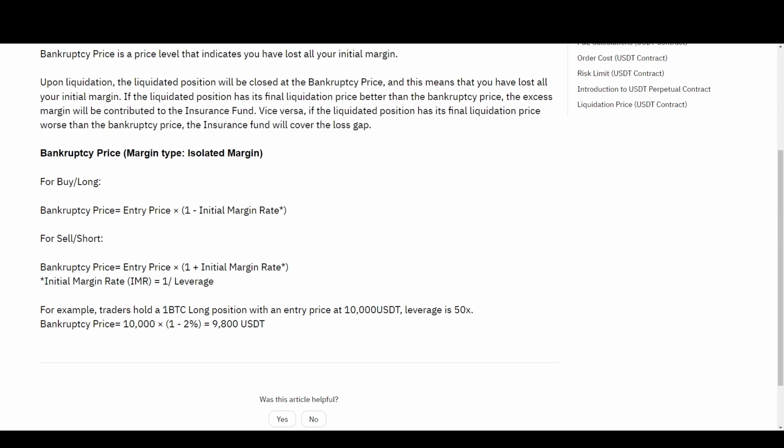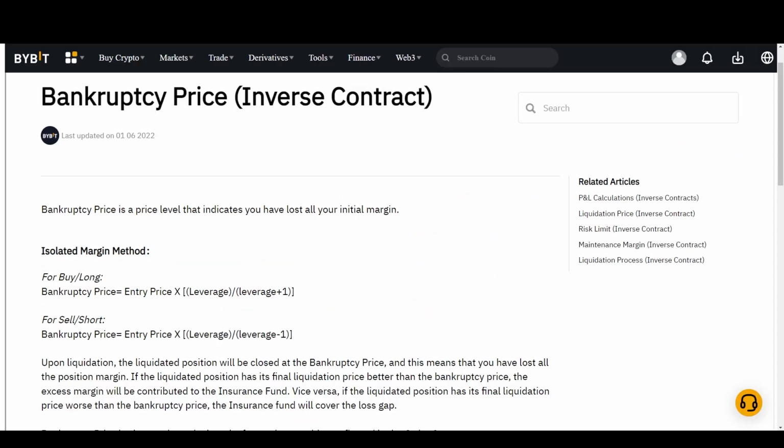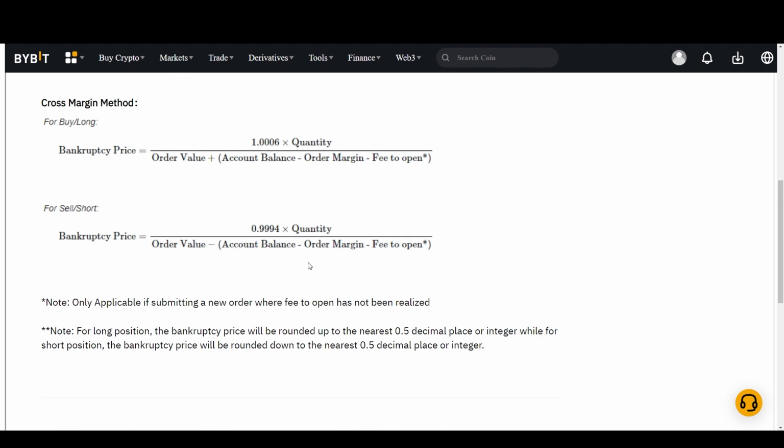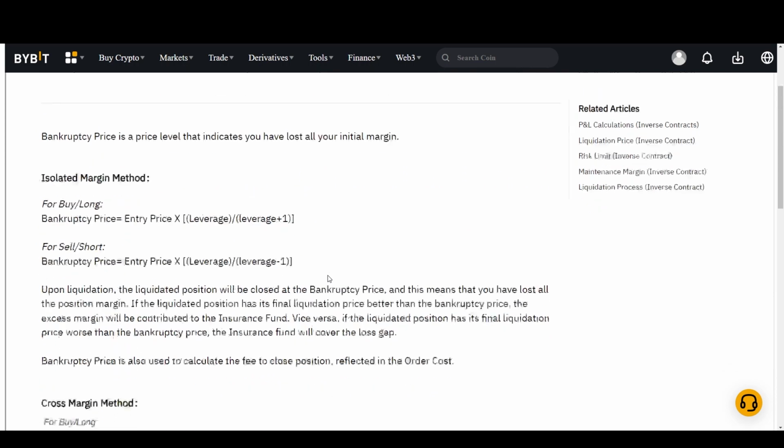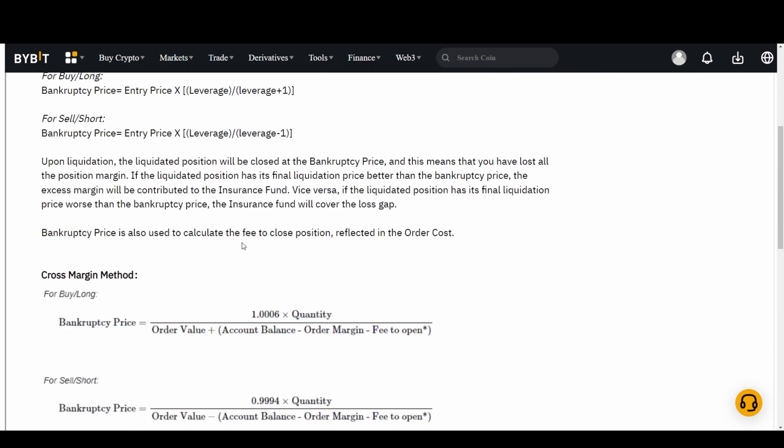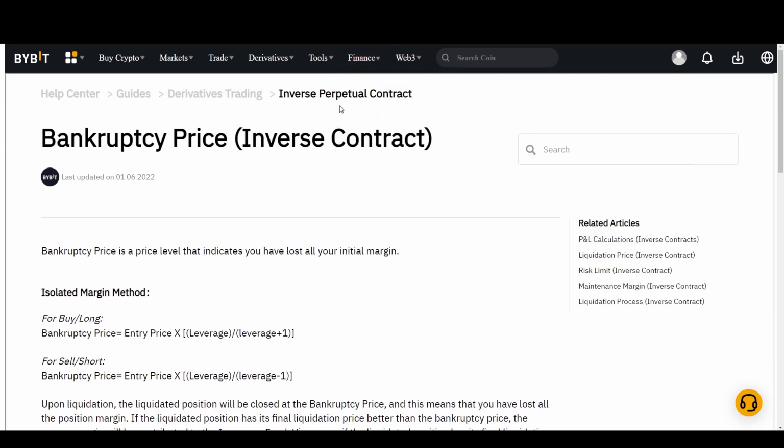But now we come over to inverse contracts. And it says bankruptcy price is entry price times leverage divided by leverage plus 1. What?